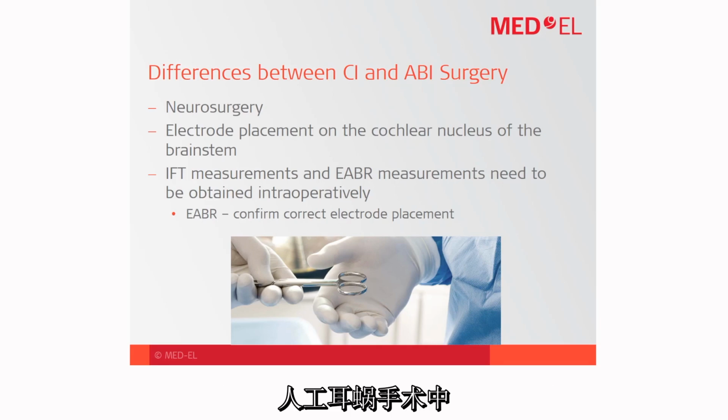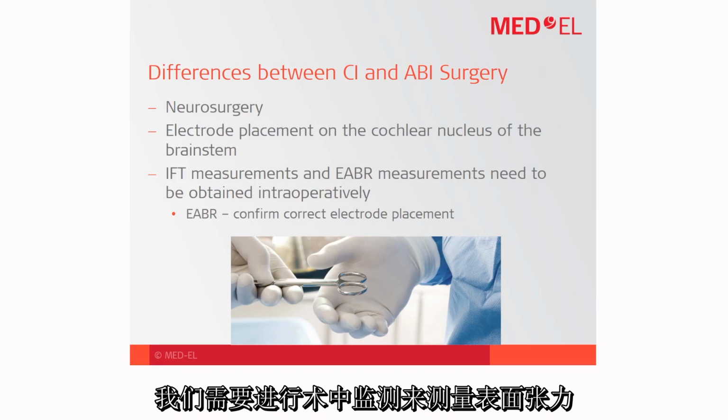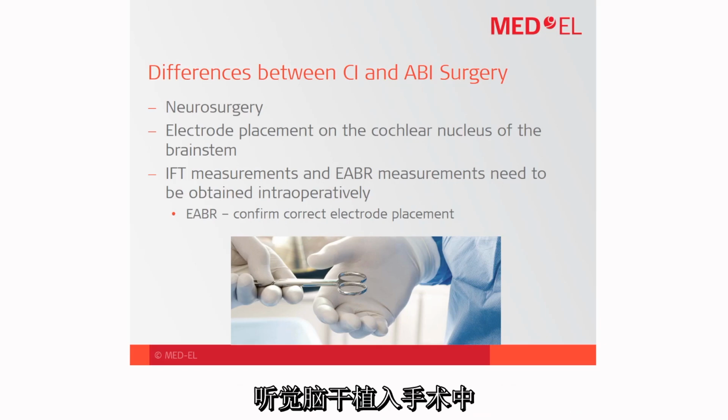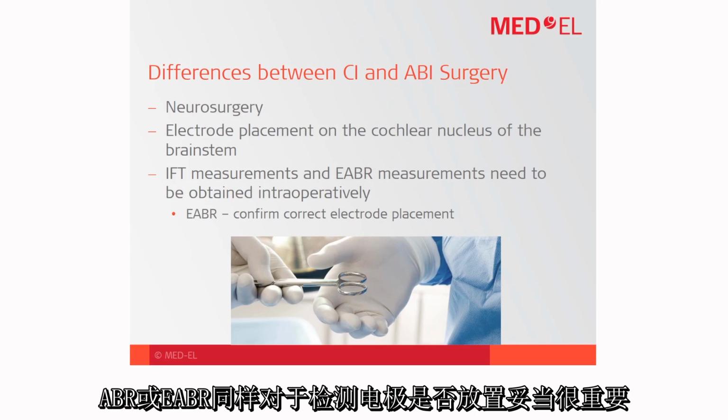In cochlear implant surgery, you would typically intraoperatively obtain IFT measurements, or impedance field telemetry measurements. In ABI surgery, in addition to obtaining IFT measurements, it's also very important to do electrically evoked auditory brainstem response measurements, or EABR. And the EABR is important to be able to confirm correct placement of the ABI electrode.